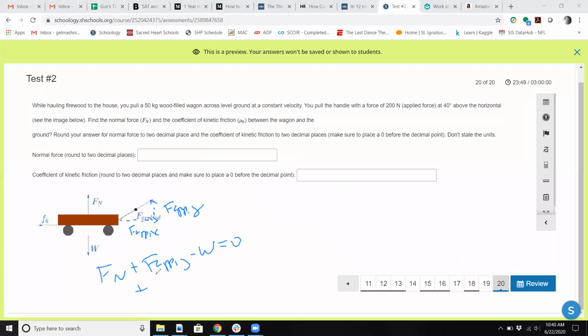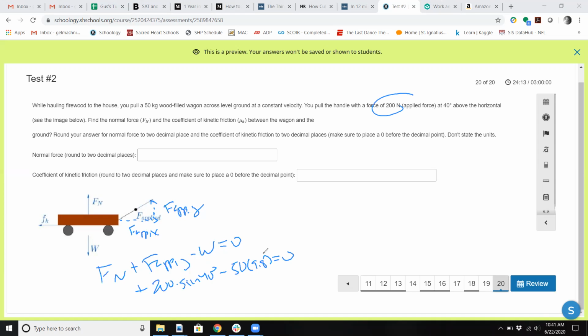Our F app Y is going to be our F app, which I know is going to be 200 newtons, times the sine of 40 degrees minus the weight of the wagon, which is 50 times 9.8. So you've got to use your calculator and work all that out.